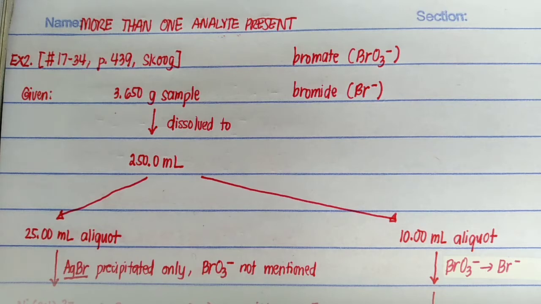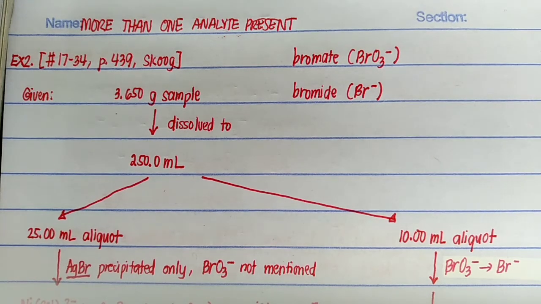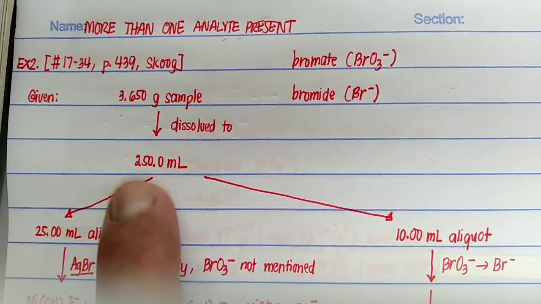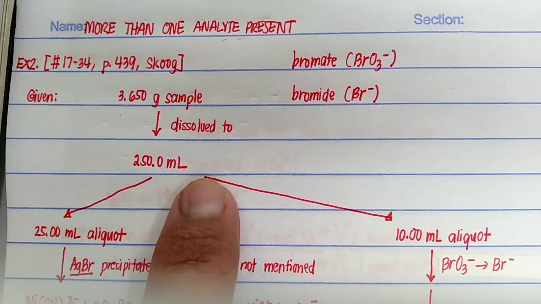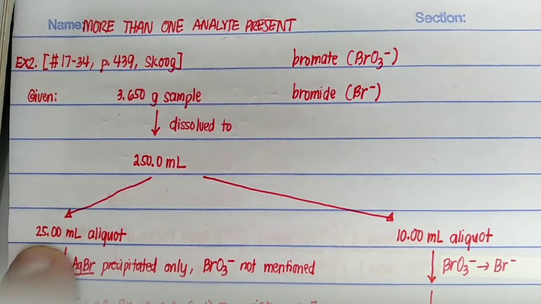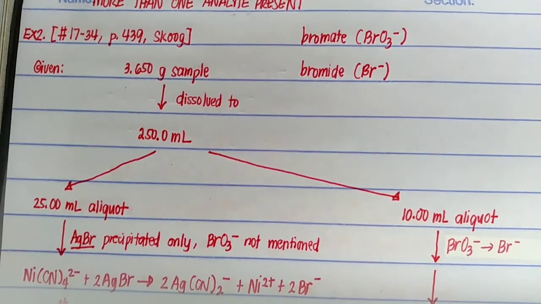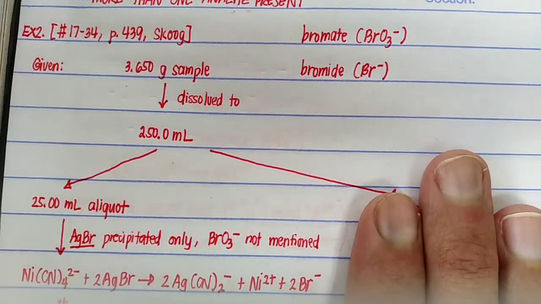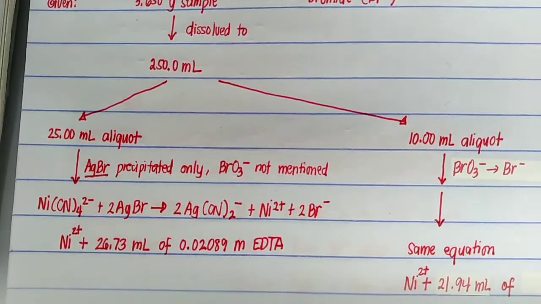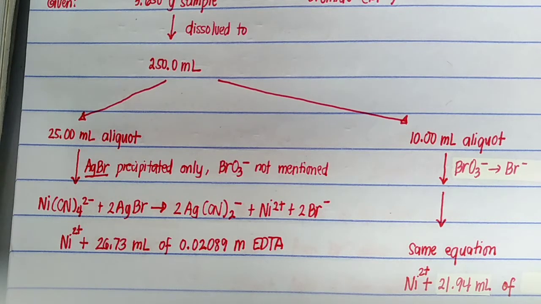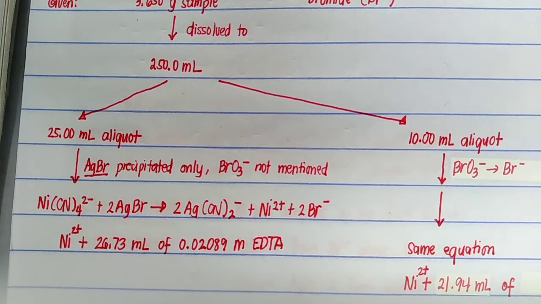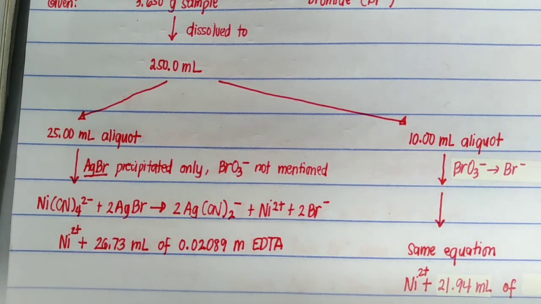So for me not to get lost, I try to summarize the data as follows. Our sample, we now get 2 aliquots. For the 25 mL aliquot only, never mind the 10 mL aliquot just yet, we have the following information. If you've read the problem carefully, what it says is to precipitate AgBr.